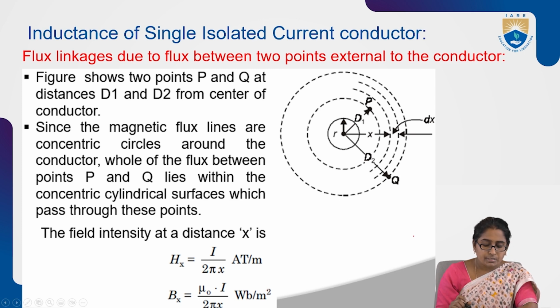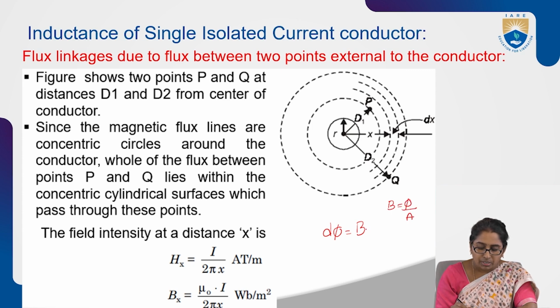After this, the flux d phi is given by, because B is equal to flux by area of cross section.